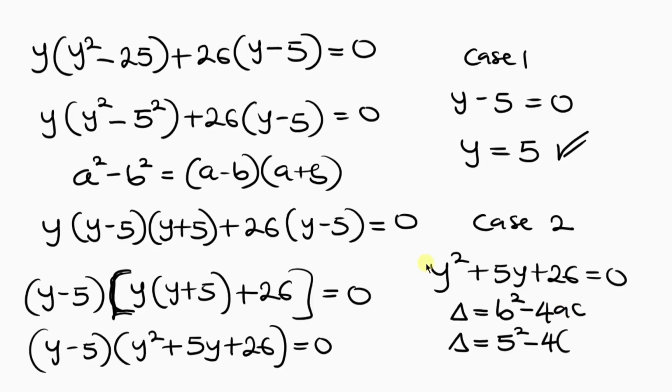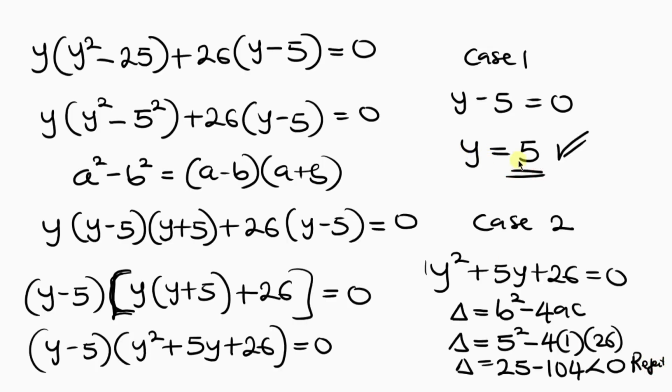What is a? a is 1, times c. c is 26. Very good. Now notice that 5 squared is 25 minus 4 times 1 times 26 is 104. So this is actually negative, which is lesser than 0. So there is no way we can have a real solution from here. So I'm going to be rejecting this. So we're going to be working with just this value of y.